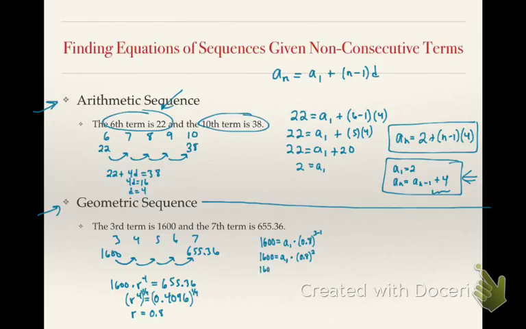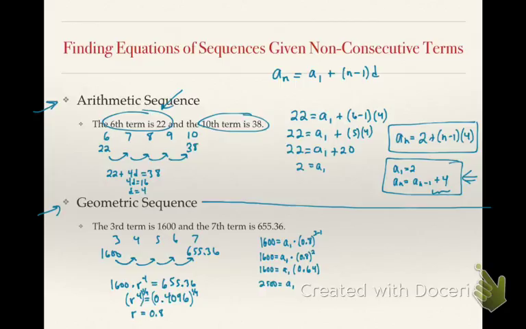Continue to solve this, we get 1600 is equal to a1 times 0.64. Divide both sides by 0.64. I get an initial value, or the first value in the sequence, of 2500.